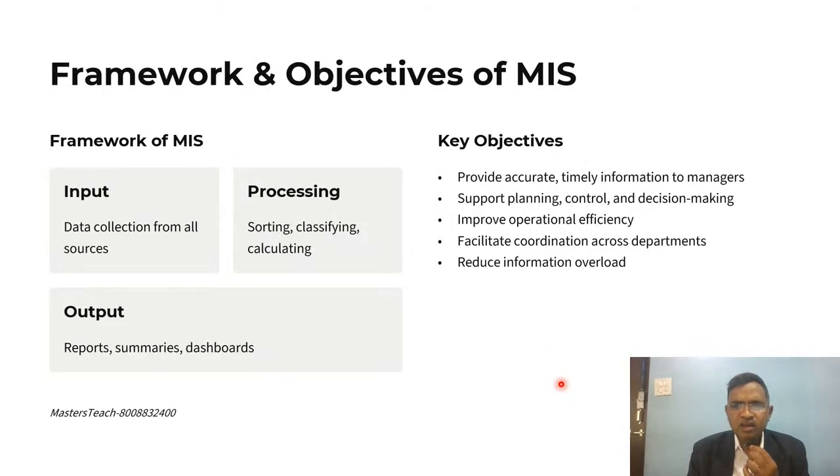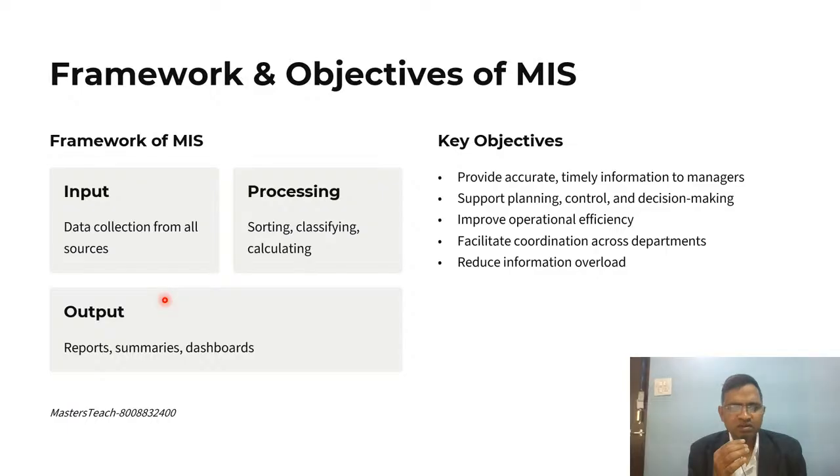Okay, then we'll go to the framework and objectives of MIS. We collect the data and input it. Then it is processed, meaning it is sorted in ascending or descending order.